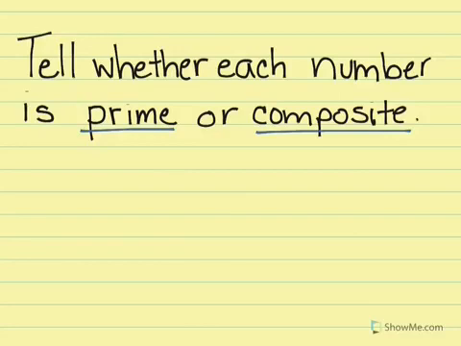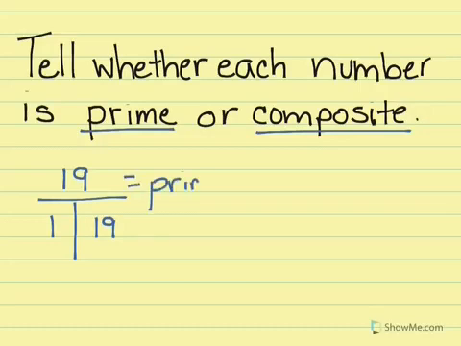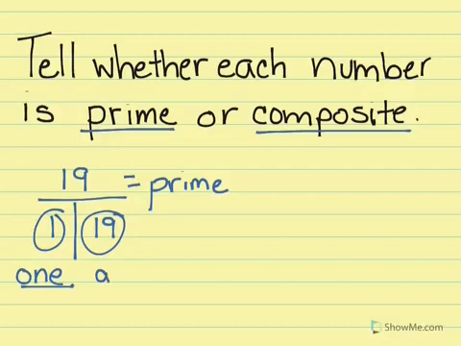So if I take a look at the number 19, I know that it has 1 and itself, and it doesn't have any other factors. So 19 would be a prime number. It only has 2 factors, 1 and itself.